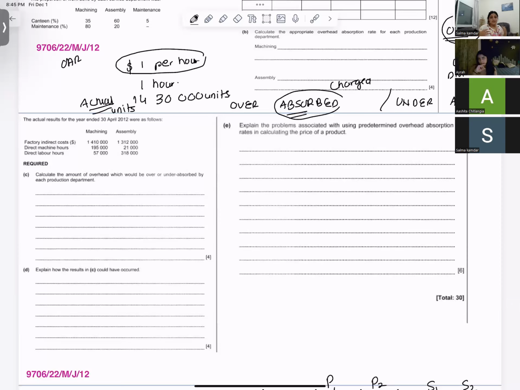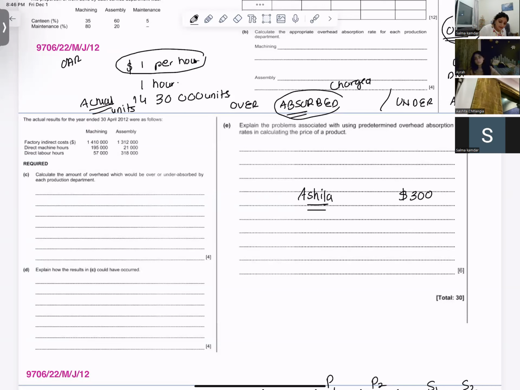Say, for example, when I teach in any class, I think that for every hour Ashita will enter into my class, I will charge her $300. I have arrived at this figure based on my budgeted calculations of rent, electricity, notes, and whatever she consumes.